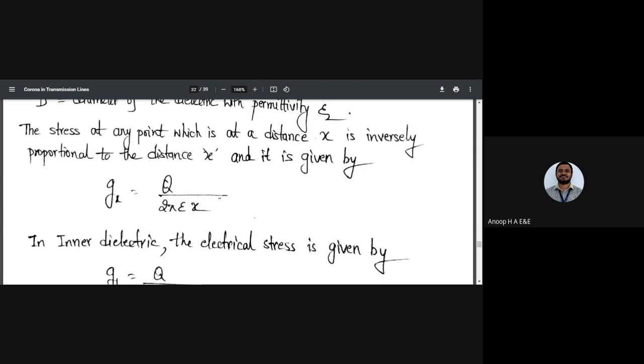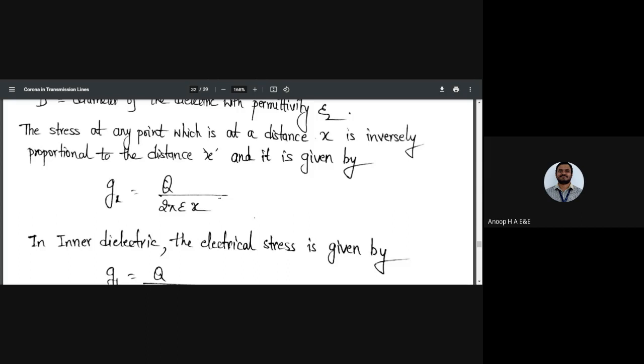Bhavana KS, can you tell me how we can write electric stress? Bhavana KS, are you there?